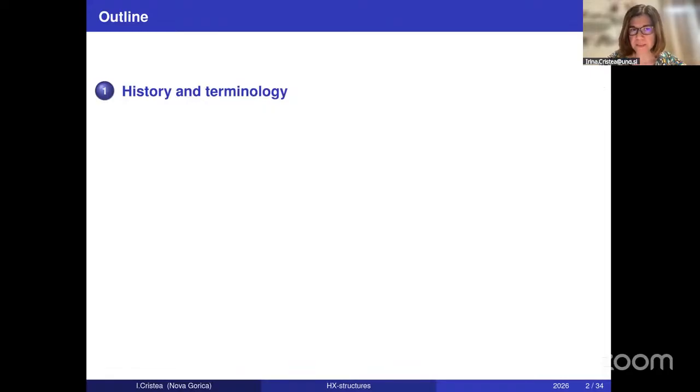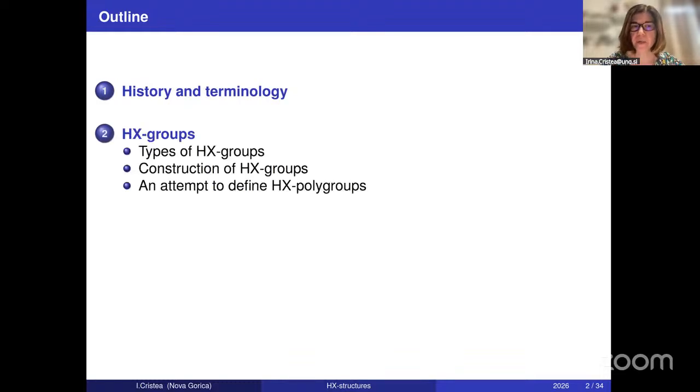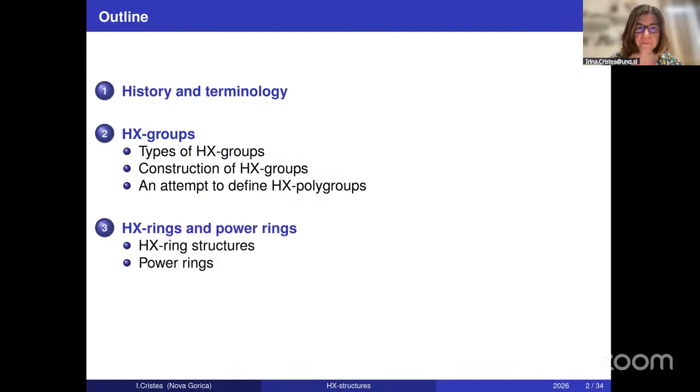Some words about the history and the terminology, because unfortunately also here there are a lot of confusions. Then I will focus on HX groups, presenting some types of HX groups, some constructions, and an attempt to define HX polygroups.